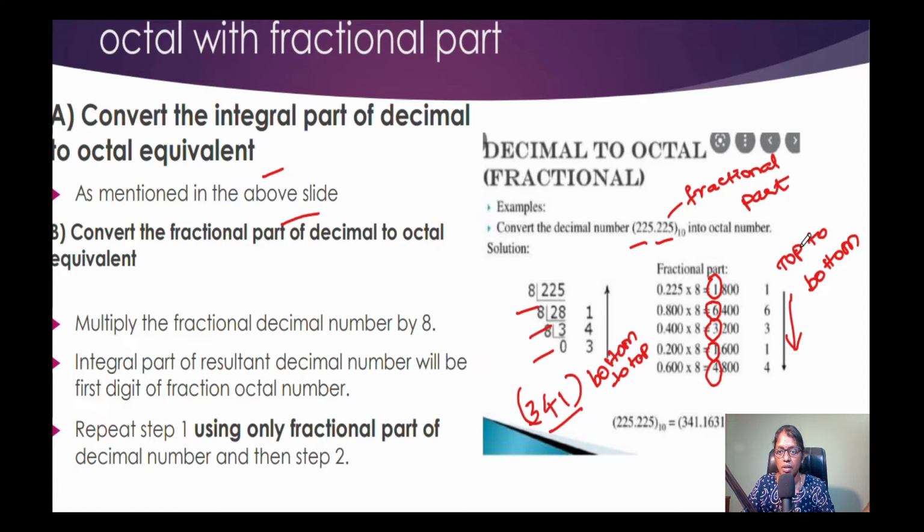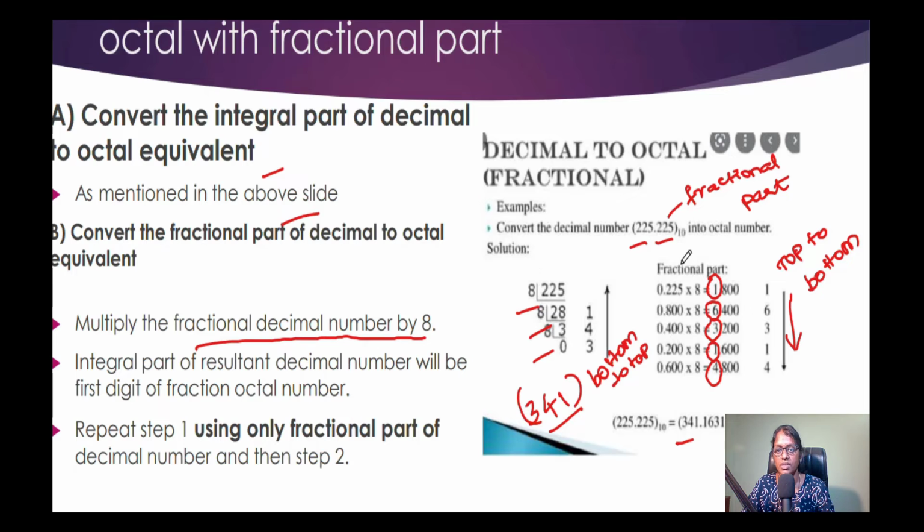The fractional part you write from top to bottom. So 341.16314. 16314 is the answer.